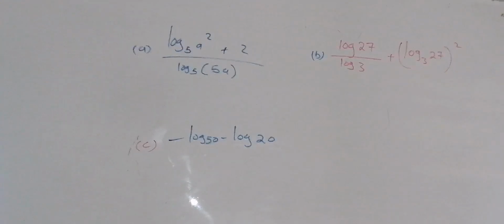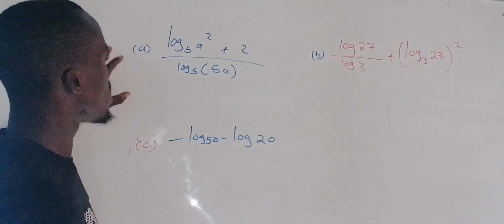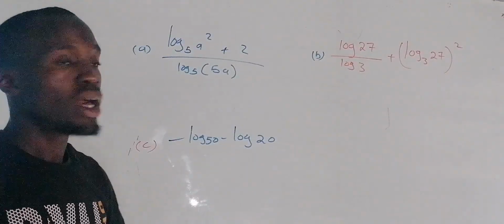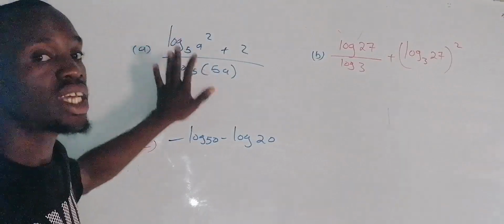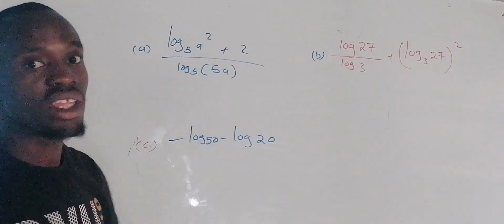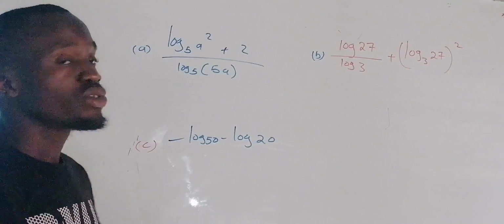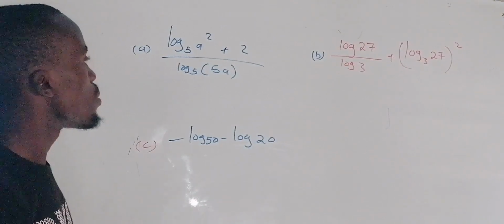I am challenging you here, guys. So please write these ones, A, B, and C on your own. Then leave your answer in the comments. Actually, I'm not expecting you to send the steps. Just tell me the answer, even if you can write it in words, as a way of showing me that you understood what I was doing here. So please do not forget.